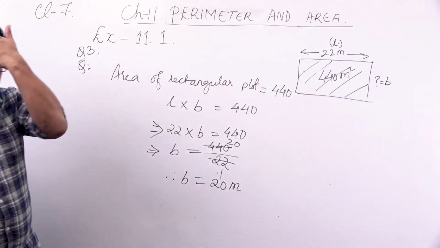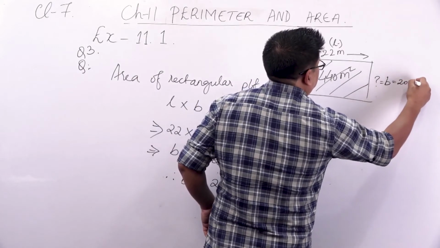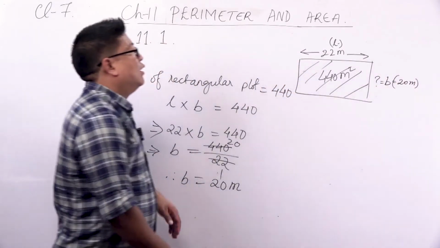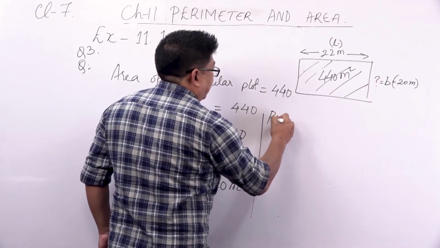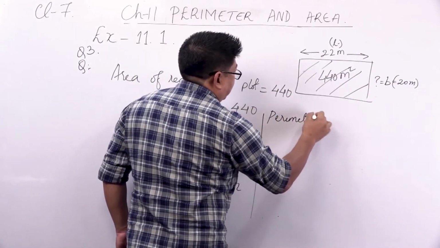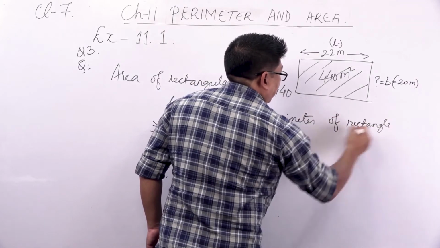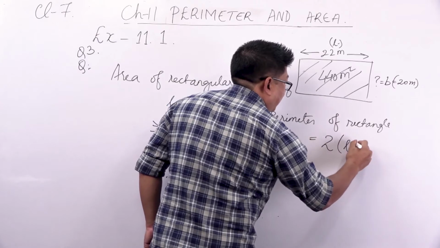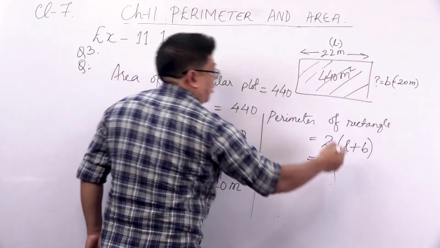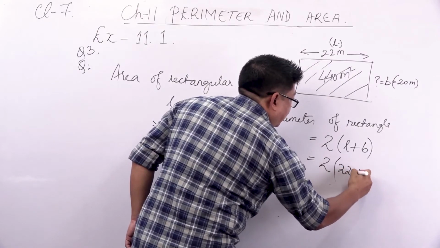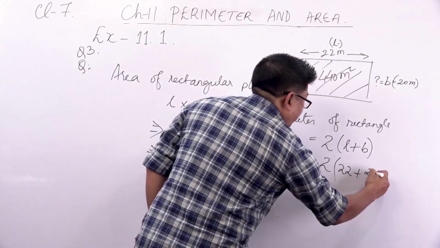The second part of the question is, we are asked to find the perimeter. So we found the breadth. To find the perimeter of a rectangle, we already know the formula: twice of length plus breadth. The length is already given in the question, and the breadth we found just now, 20.